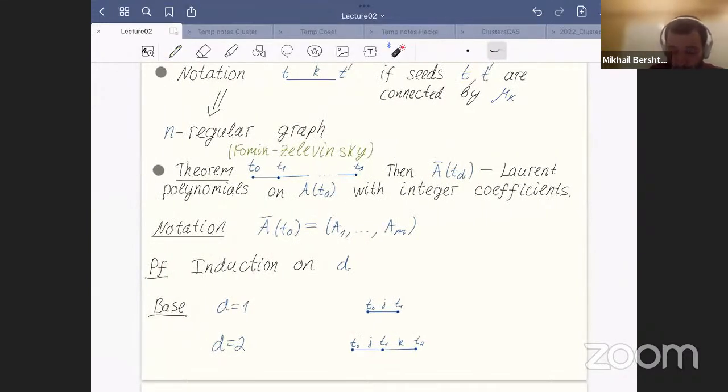Assume that we have some initial seed T0 and perform d mutations, T0, T1, and so on, Td. Then the variables which correspond to the final seed Td are Laurent polynomials in the variables of the initial seed with integer coefficients.